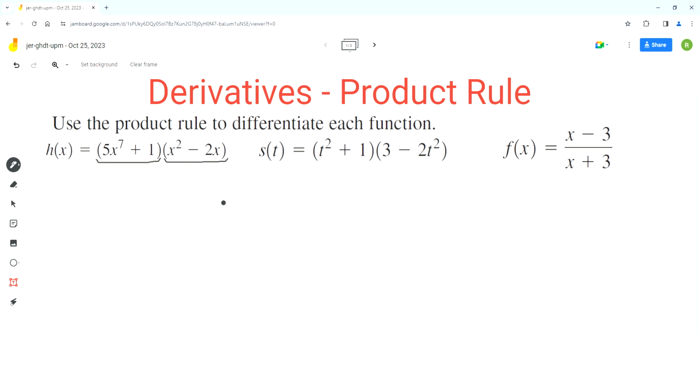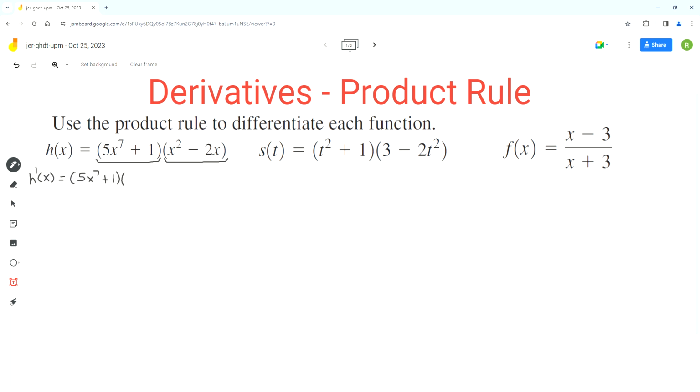As per the product rule, the derivative of a function which is a product of two functions is equal to the first function times the derivative of the second function plus the derivative of the first function times the second function. So for h of x, the first step will be h prime of x equals the first function, which is 5x to the power 7 plus 1, times the derivative of the second function.